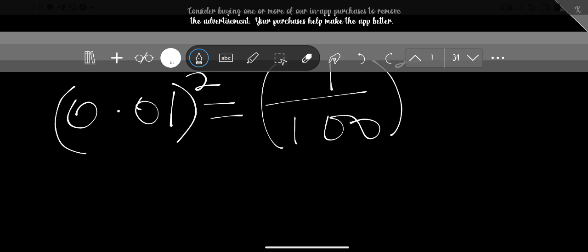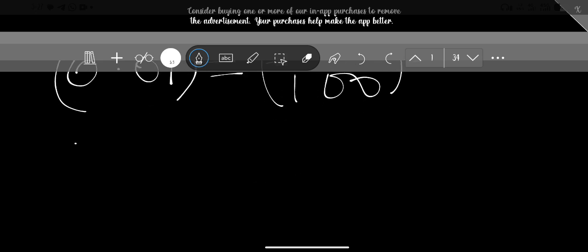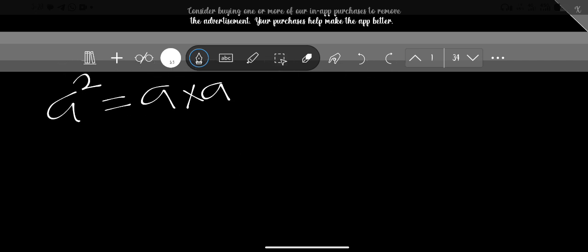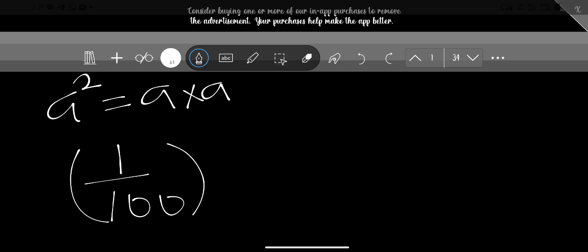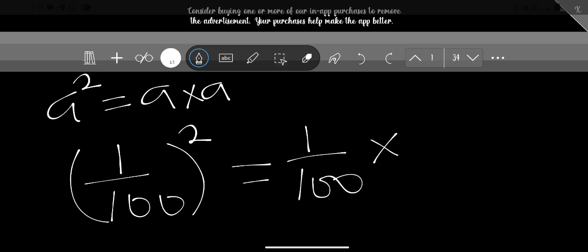We remember that when we have a raised to the power of 2, from our law of indices, it is equal to a times a in the expanded form. So 1 over 100 raised to the power of 2 is 1 over 100 times 1 over 100.